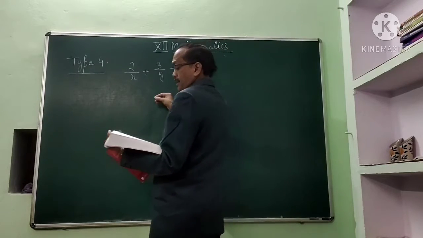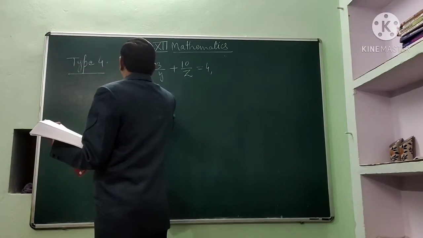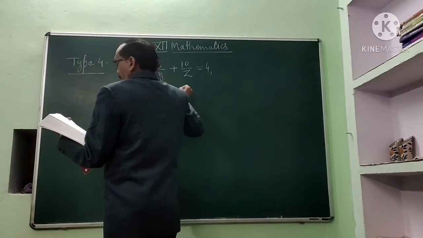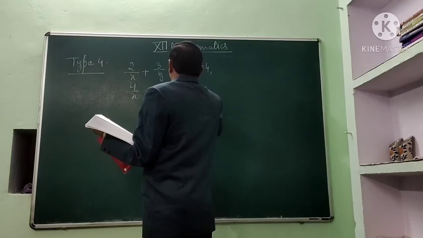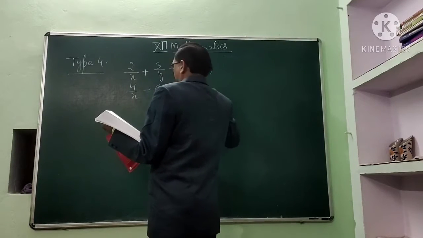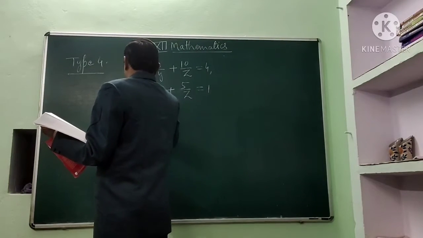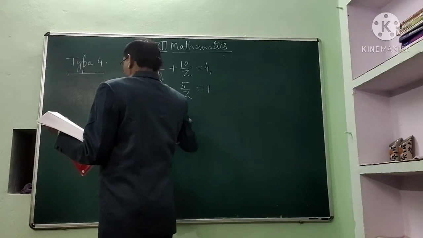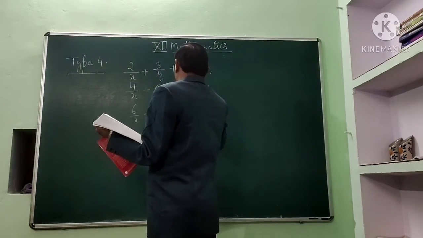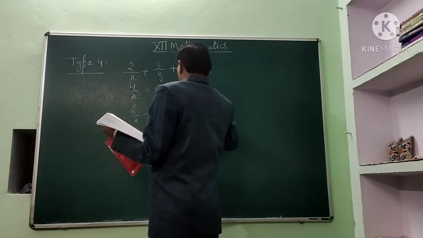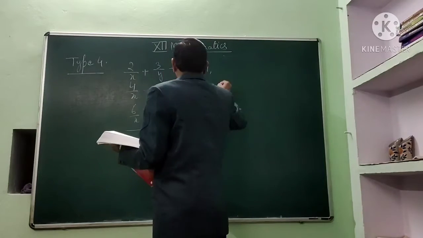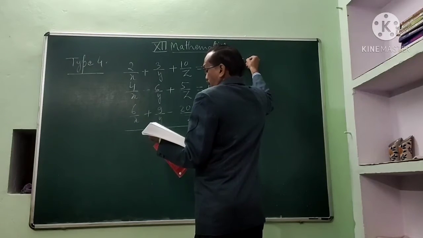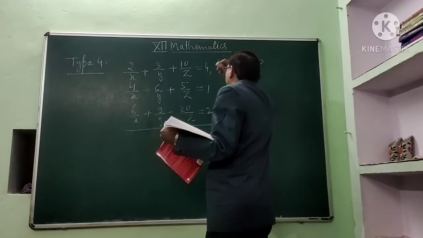And the second equation, 4 upon x minus 6 upon y plus 5 upon z equal to 1. And 6 upon x plus 9 upon y minus 20 upon z equal to 2. Here x, y, z are non-zero terms. They cannot be 0.